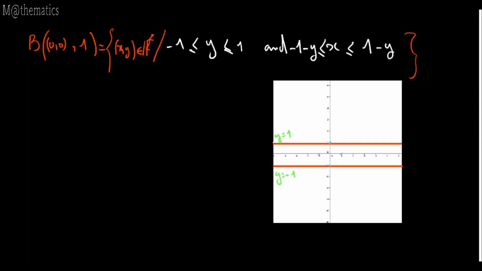The equation x equal to negative 1 minus y looks like this. And the second equation, x equal to 1 minus y, looks like this.